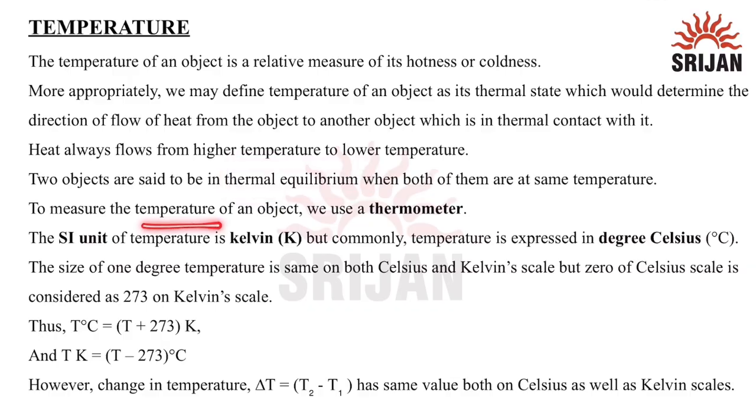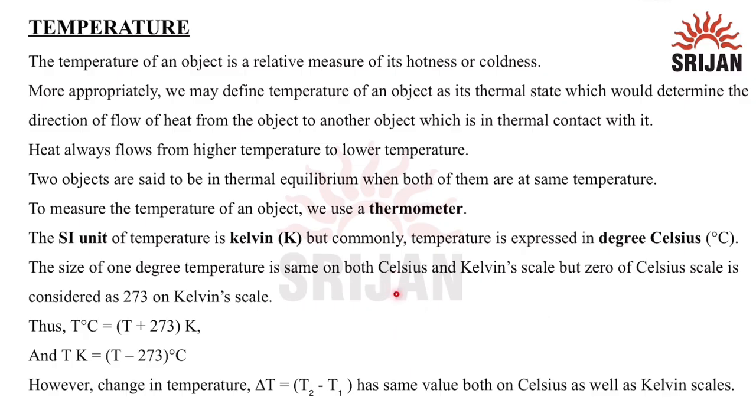To measure the temperature of an object, we use a device known as a thermometer. The SI unit of temperature is Kelvin, with a capital K, but we commonly use degrees Celsius for measuring temperature. The size of 1 degree is the same on both Celsius and Kelvin scales, but 0 on the Celsius scale corresponds to 273 on the Kelvin scale.